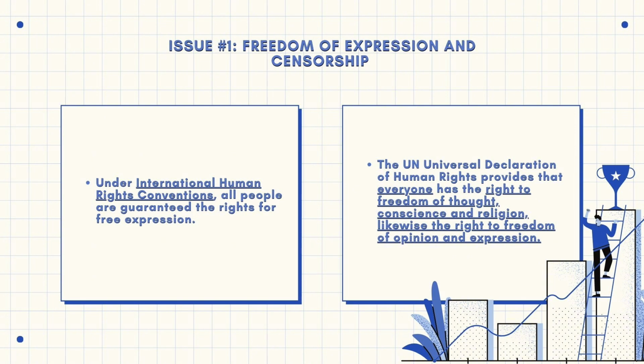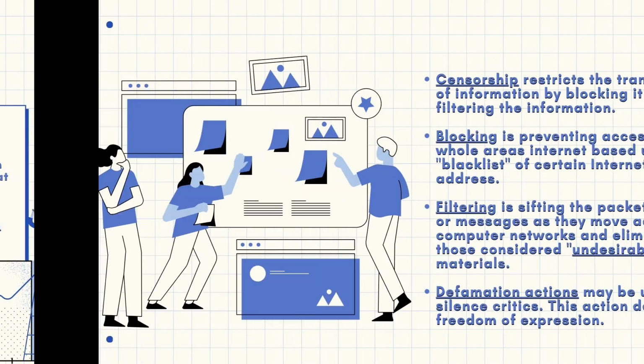The UN Universal Declaration of Human Rights provides that everyone has the right to freedom of thought, conscience, and religion, likewise the right to freedom of opinion and expression. However, there are practices that violate these provisions in the use of Internet.